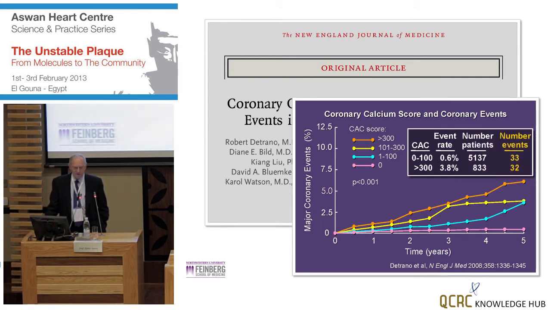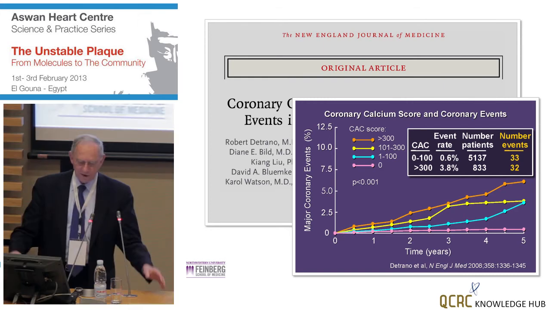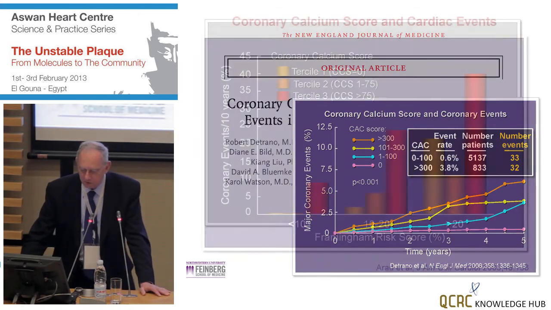Number of events is actually the same in both, whether it's a low calcium score or high calcium score. So we've been able to risk stratify the group, but from an issue of who is going to die, we have the same number of events in both groups.